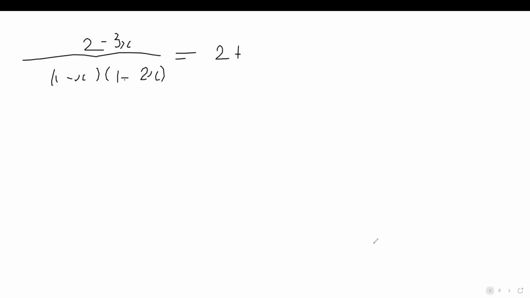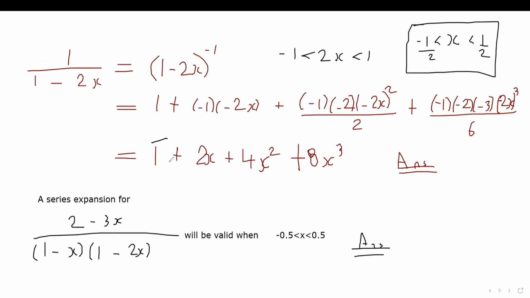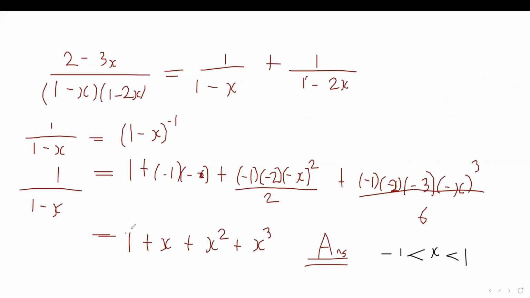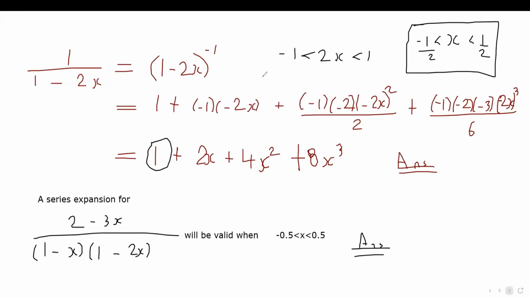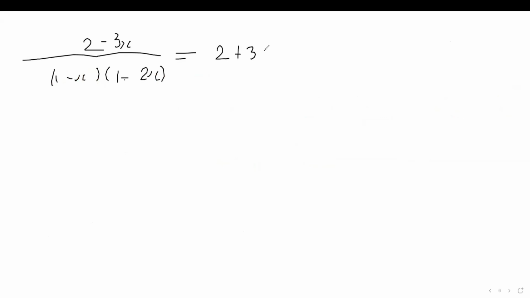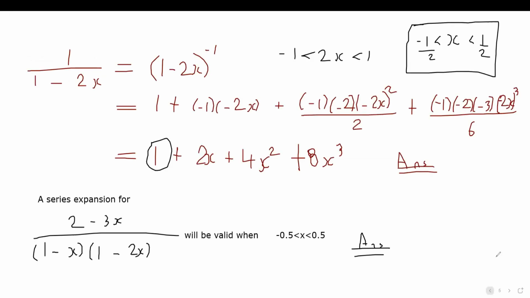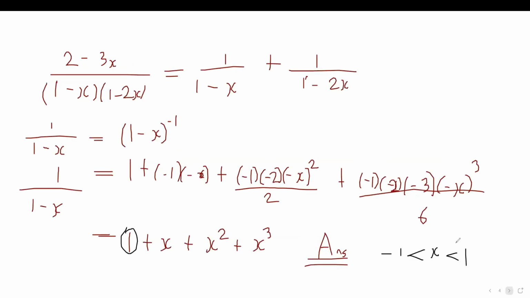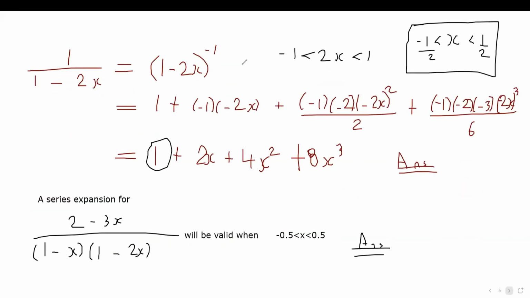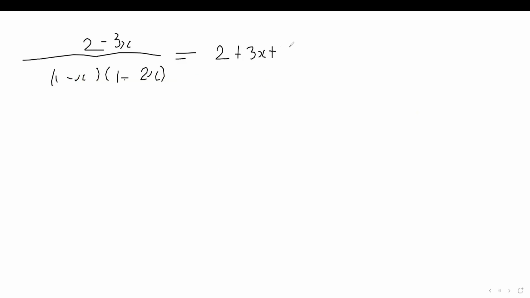I got the 2 from this one here plus this one right here, which gives me 2. Then the x plus the 2x gives me 3x. Then I observe the x squared: 4x squared and the x squared give me 5x squared. So this is now 2 plus 3x plus 5x squared.